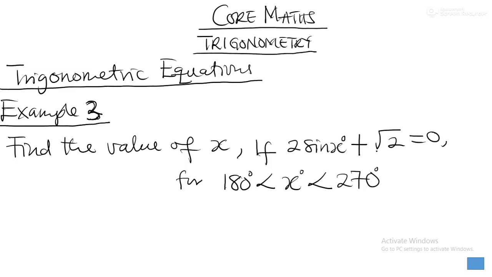So we have to rearrange this equation so that we get sine x degrees being equal to a ratio. You have to redo the rearrangement so that your sine x degrees will be equal to a ratio. And then you determine the sign of the ratio.